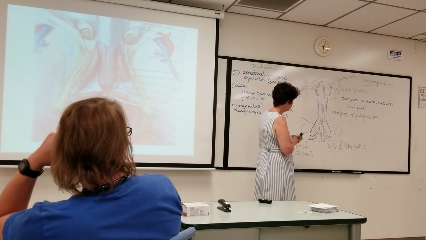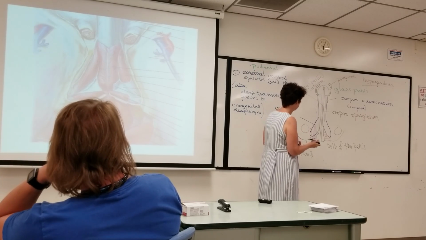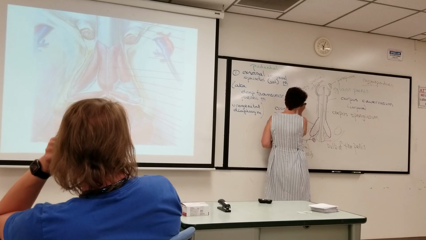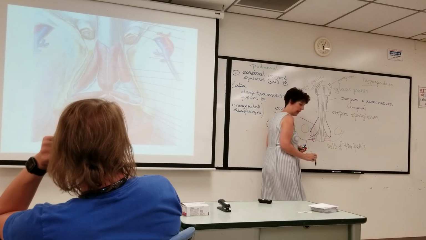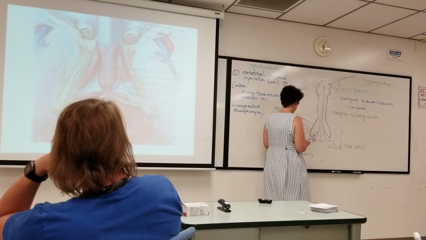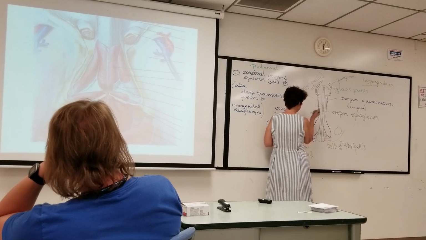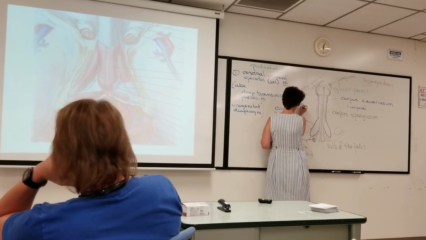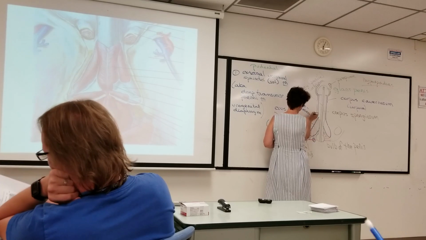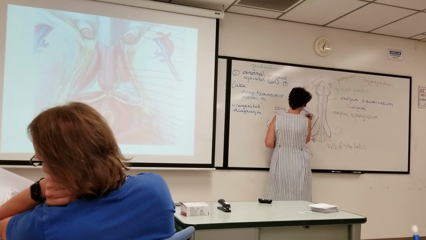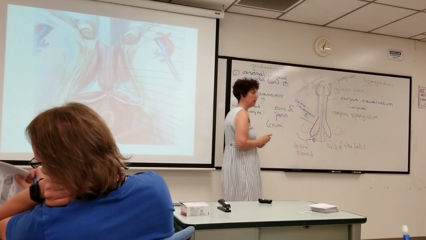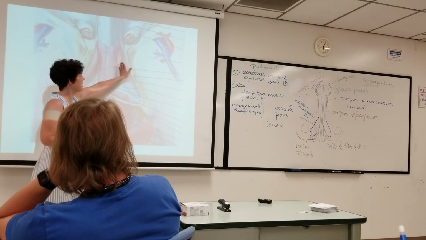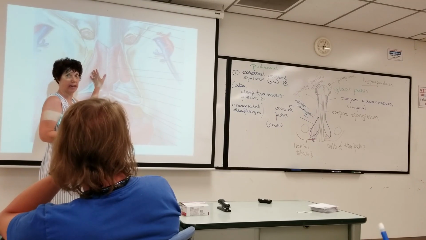So that's the ischiocavernosus muscle. It's also skeletal, also innervated by the pudendal nerve. Okay, so on both sides, covering the crus, is ischiocavernosus muscle.